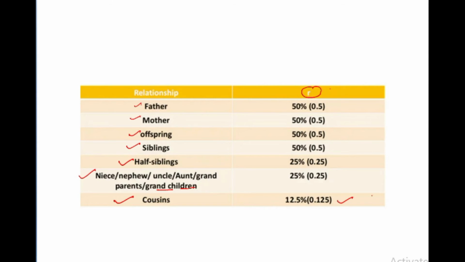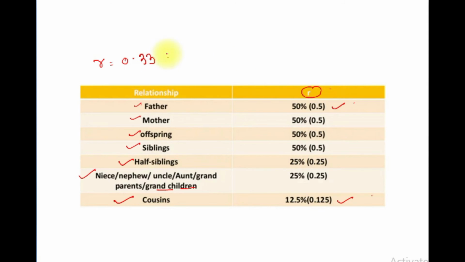We got 0.33. What we got? r, we got 0.33, which is nearly equal to 0.5. Okay. It is greater than 0.25.